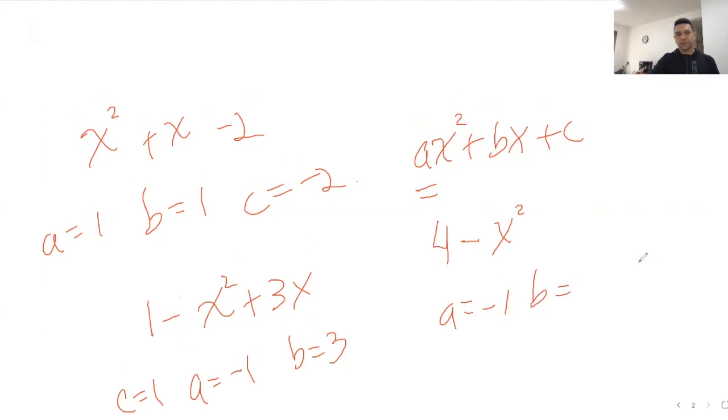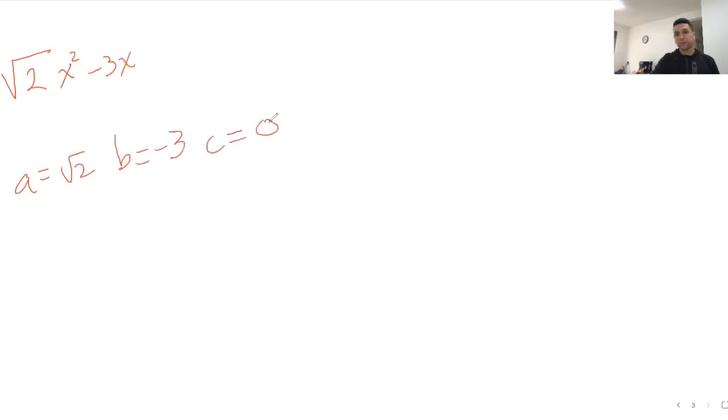Our B equals what? 0, and our C equals 4. And lastly, square root of 2 times x squared minus 3x. Our A equals square root of 2, our B equals negative 3, and our C equals 0.